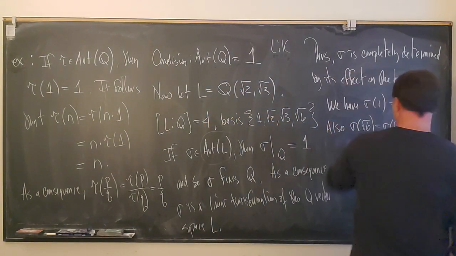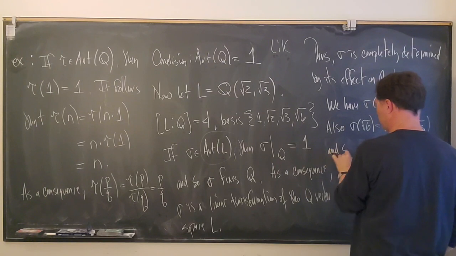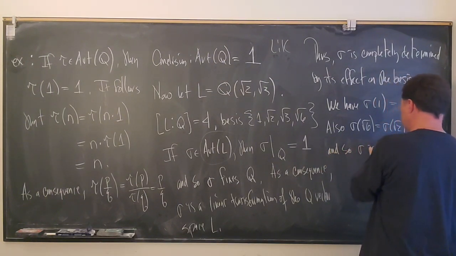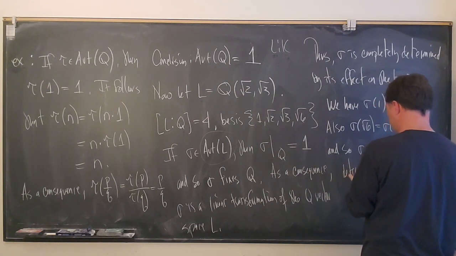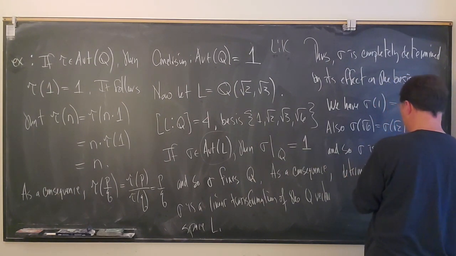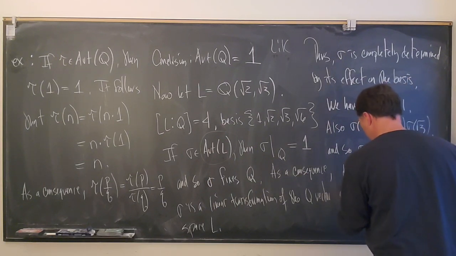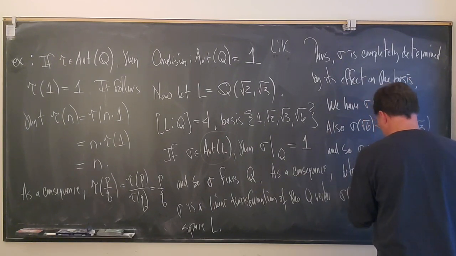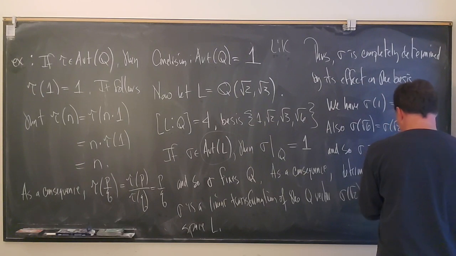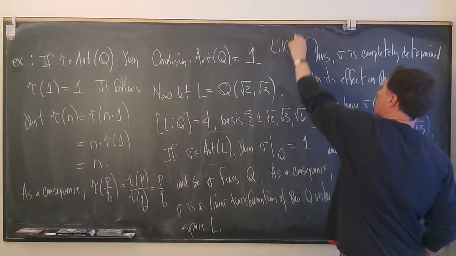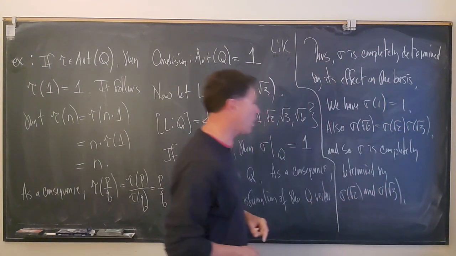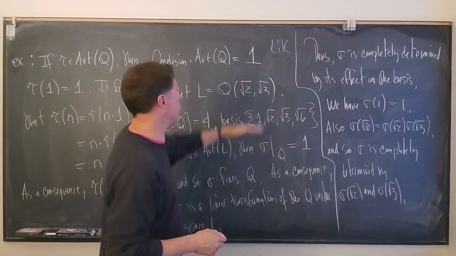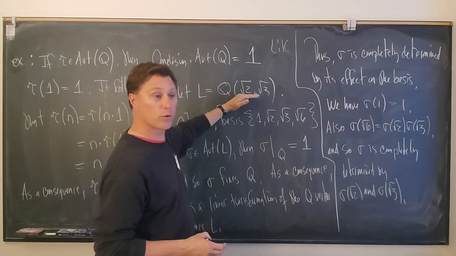And so sigma is completely determined by sigma of root 2 and sigma of root 3. If we can specify what sigma does to those two elements, then we can tell you what sigma does to any element of Q adjoin root 2 and root 3.